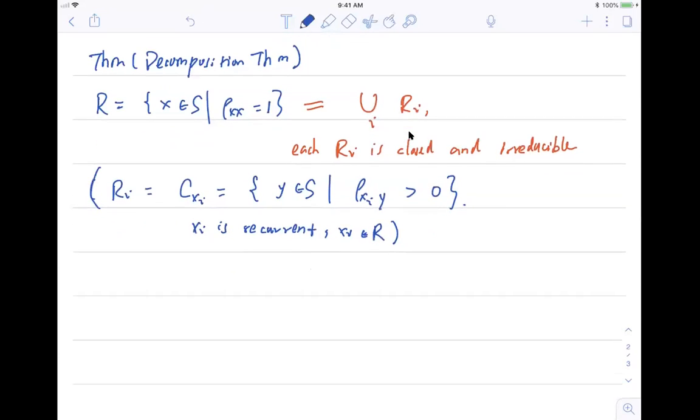Why is this true? The idea is exactly like what I just told you. You can show the following: for Cx and Cx tilde, either they are empty intersection or they are equal.